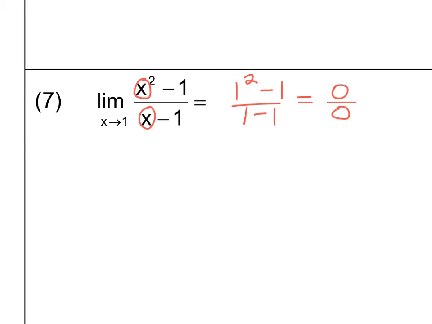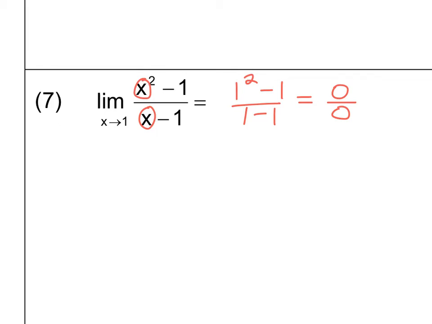All right, we call that indeterminate. Can't determine it. What that means for us is it's a red flag. It's an indicator. It's telling us that if we do algebra to this, we will get a limit at some point, or we'll get an answer. It may not be what you want it to be, but it will be an answer.